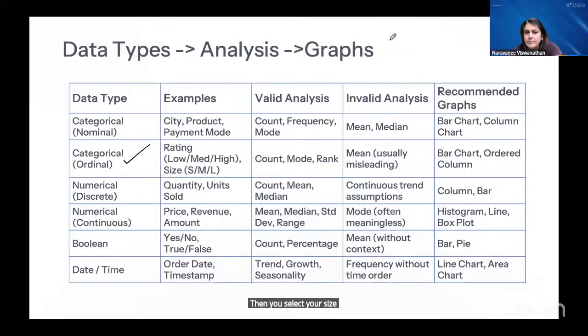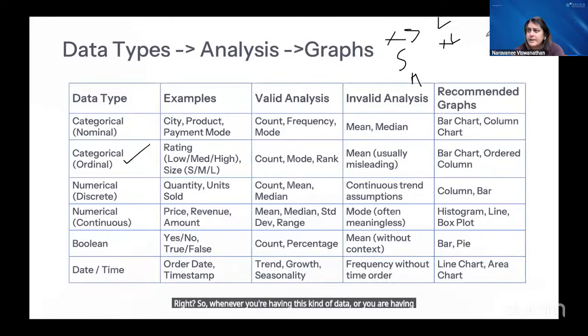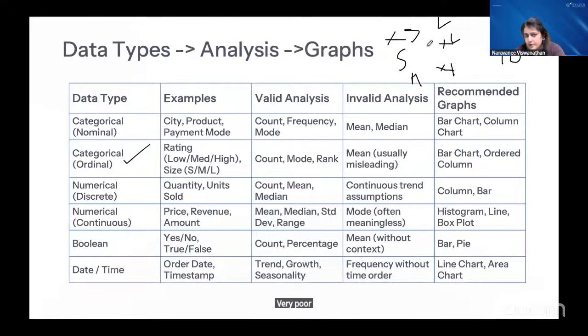Your size can be extra small, small, medium, large, extra large. Whenever you have this kind of data, or a rating system, such as please rate the presentation on a scale of 1 to 10, where 10 is excellent and 1 means very poor, these kinds of data are called ordinal data.